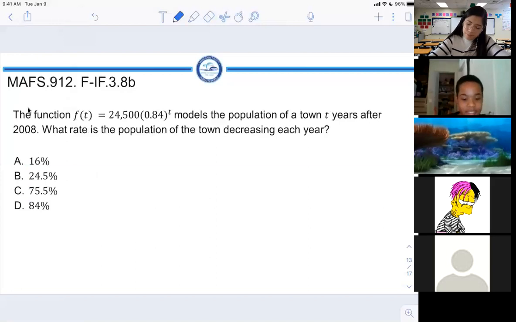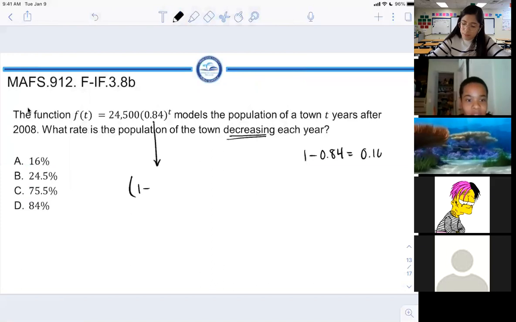How do you know? Because it says decreasing, first of all, so we know you're going to do subtraction. We can do it the other way around. If we do 1 minus 0.84, you'll get 0.16.